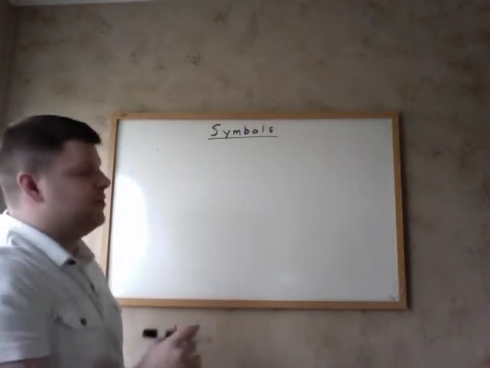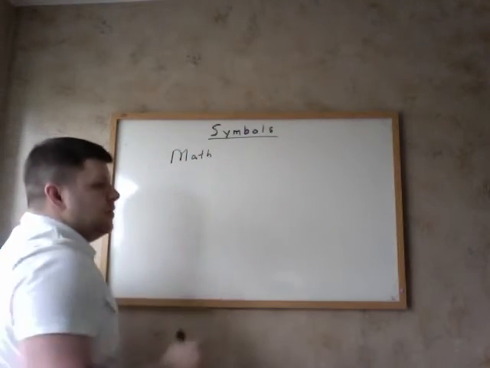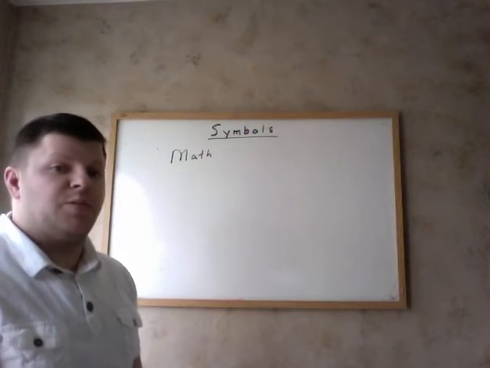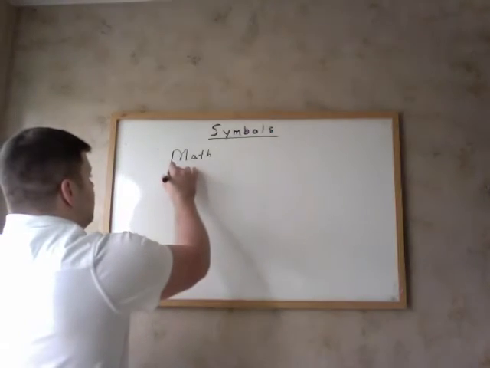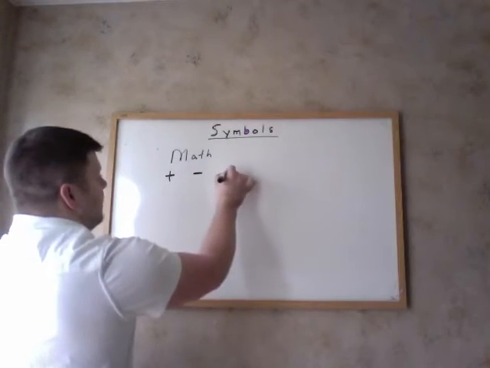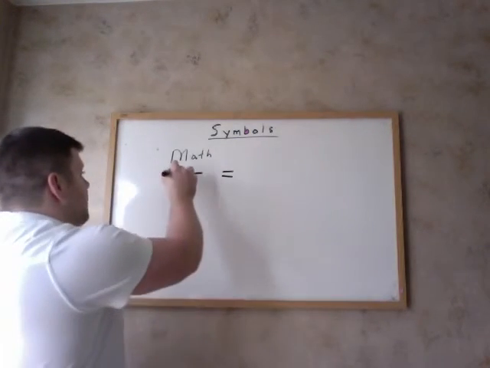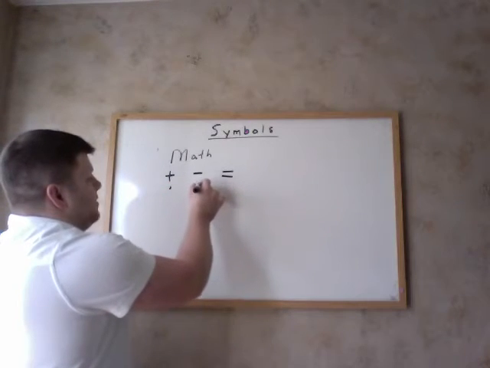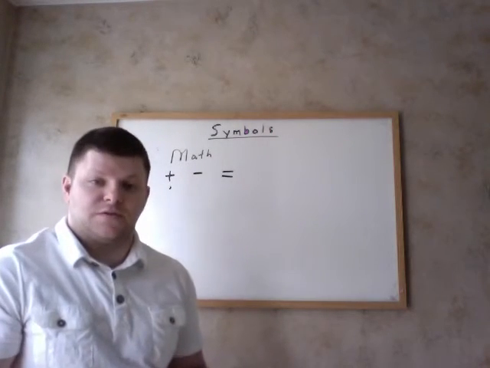As a second grade student, you will not come across even 1/100th of all the symbols you'll see in the math classroom. But there's three primary symbols in which you need to know. First, you have the plus sign, then you have the minus sign, then you have the equal sign. Now, the plus sign stands for addition, the minus sign stands for subtraction, and the equal sign tells you that something is to equal something.